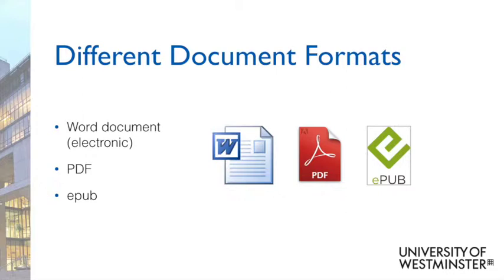This is because a PDF will be readily opened on any digital device that has a PDF reader. And the third kind of digital content that we're considering, especially in this series, is a newer format called EPUB, which is an electronically published document.